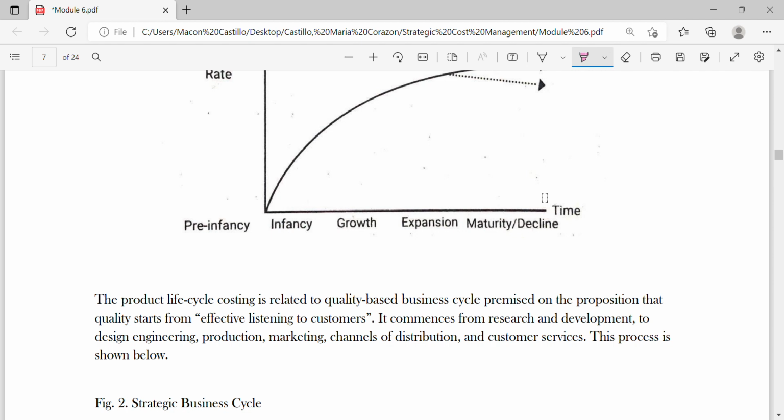And so, in providing quality products to them, we need to have an effective listening to customers. And listening to them commences from research and development to the design engineering, to the production, marketing, channels of distribution, and customer services.